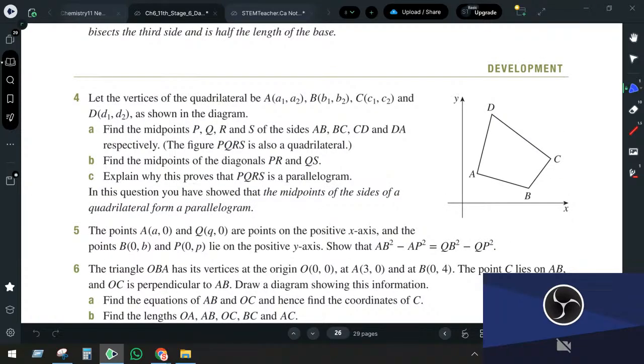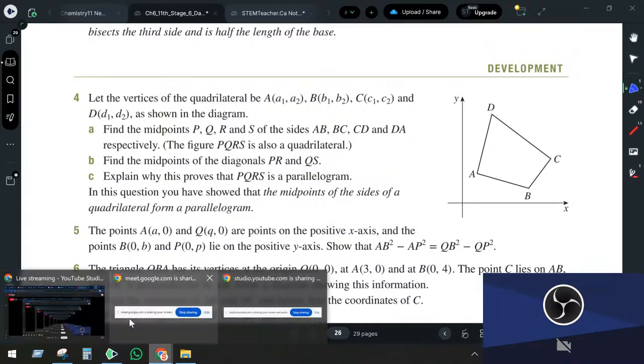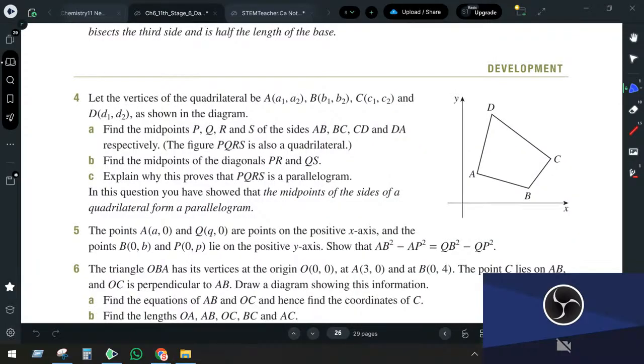Read the fourth question, please. Let the vertices of ABCD be as shown in the diagram. Find the midpoints P, Q, R, and S of the sides AB, BC, CD, and DA, respectively.